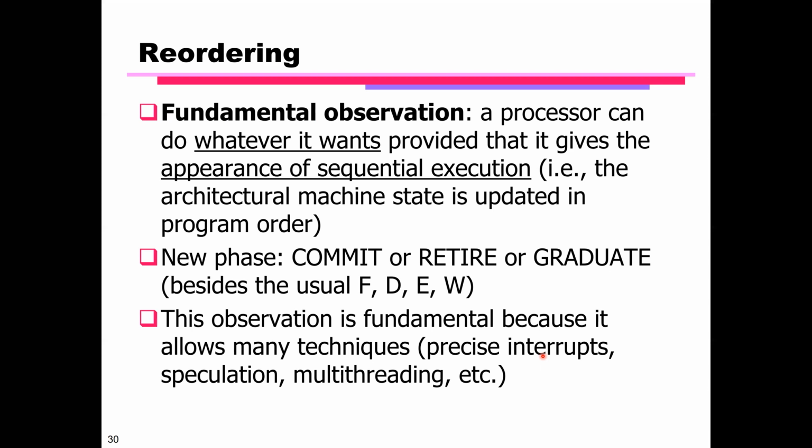Another way of saying this is that if I tell you lies with sufficient care, it will go well. I can do whatever I want, but I will learn to tell you that things are happening in a specific manner, like sequential execution, as if I were to do things in order. You cannot tell the difference because all that you can see is the state.